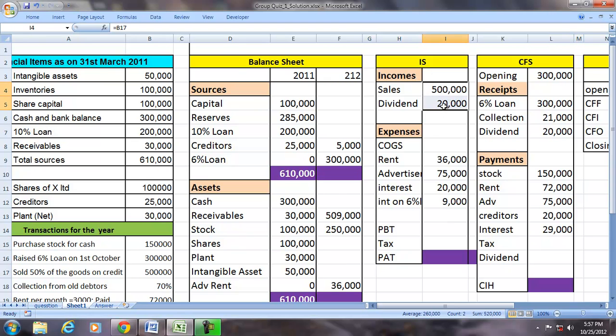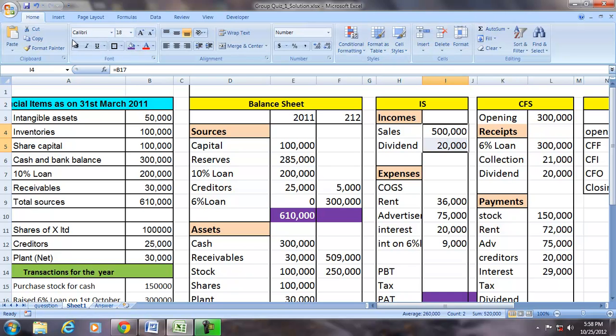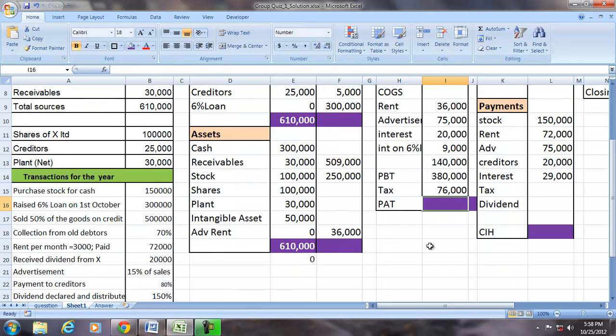Since all expenses and all incomes have been recorded, we'll find the profit: summation of incomes less summation of expenses will give us the profit before tax. We assume that the accounting profit is the same as the tax profit, and we calculate the tax on the accounting profit, charging 20%, and tax is an outflow of cash too.